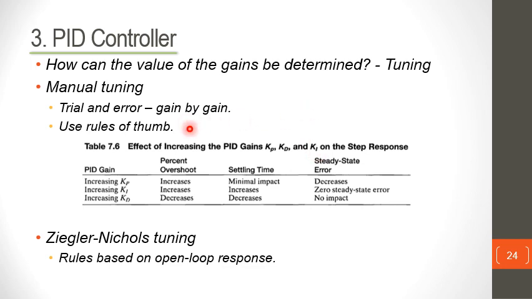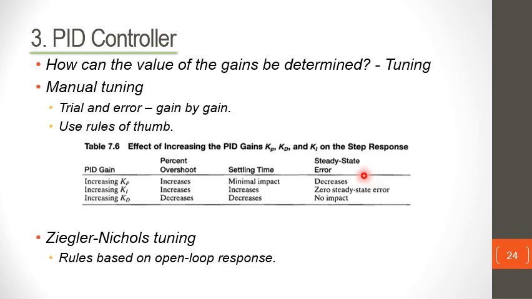The rules of thumb remain that increasing the proportional control, that is increasing KP, will tend to increase the peak overshoot with little impact on the settling time, but this will also decrease your steady state error.